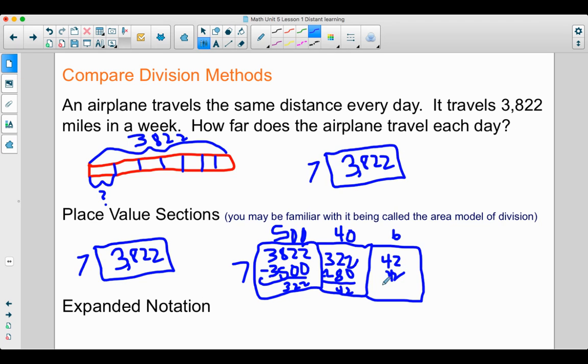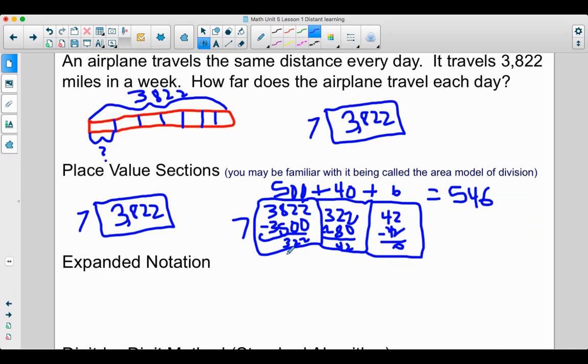And I have 0 left. Now, to combine my hundreds, tens, and ones, just like an expanded form, place value sections, I just add those together, and I have 546 as my quotient.